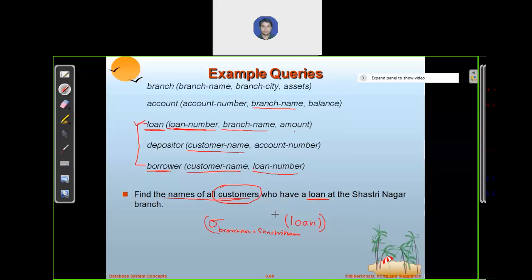So you can apply the natural join with borrower. Now we have a relation having customer name, so now you can retrieve the customer name out of this. So this query will return the names of all customers who have a loan at Shastri Nagar branch.